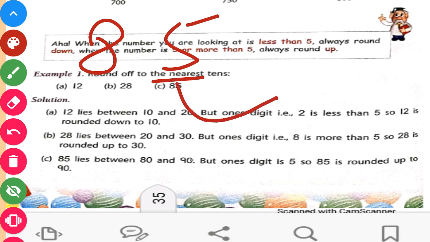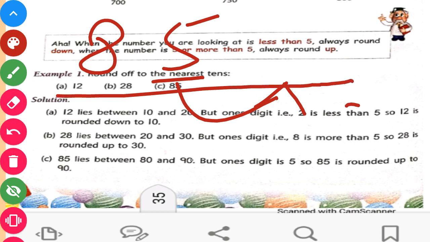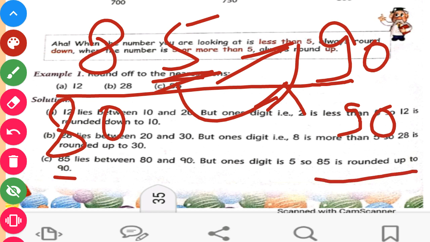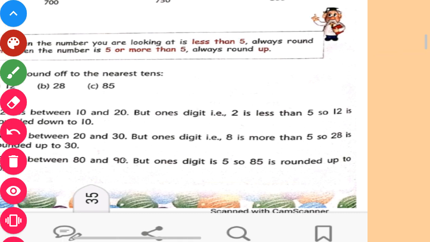So, 5 is given. We will round it up. 85 lies between 90 and 80. As it is 5, we will round it up and we will make it 90. 85 is rounded up to 90. Okay, great.